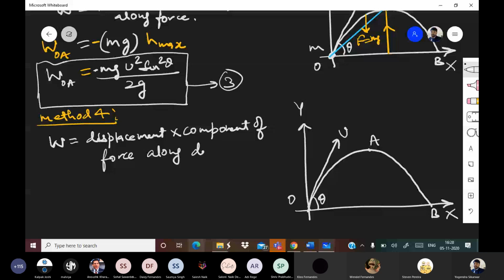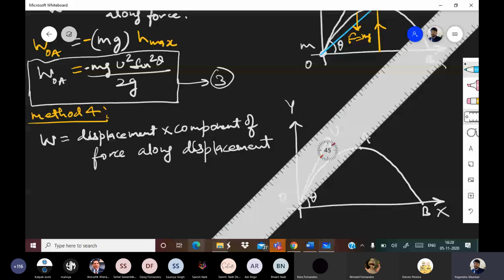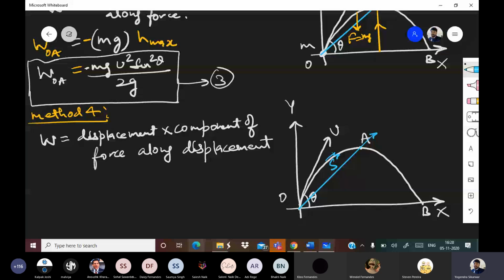So this is your displacement S, and let's say this angle is phi. Now pay attention everyone.